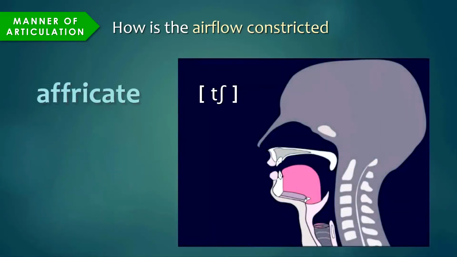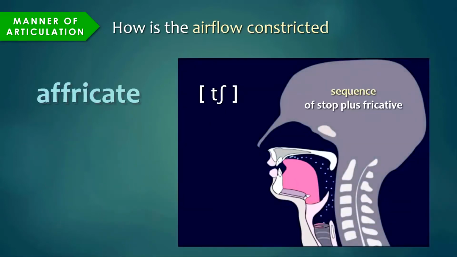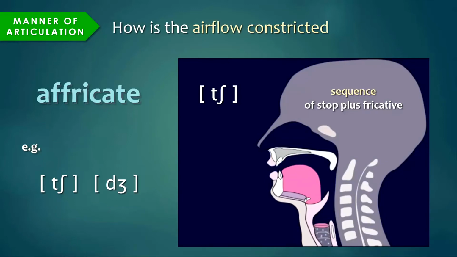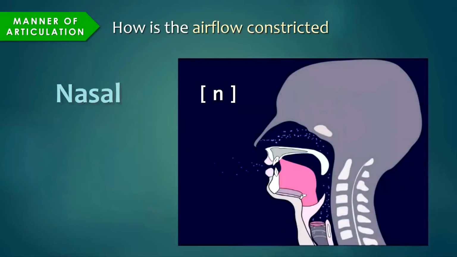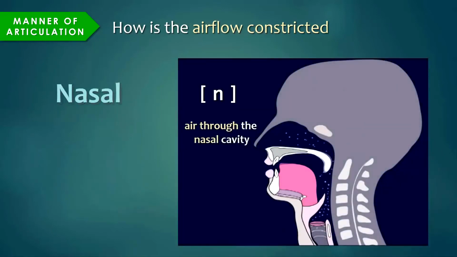Affricates result from a sequence of stop plus fricative in rapid succession. So the affricate ch represents t plus sh, just as the affricate j results from d plus zh. Nasal sounds are produced when the velum is lowered, allowing air to pass through the nasal cavity.